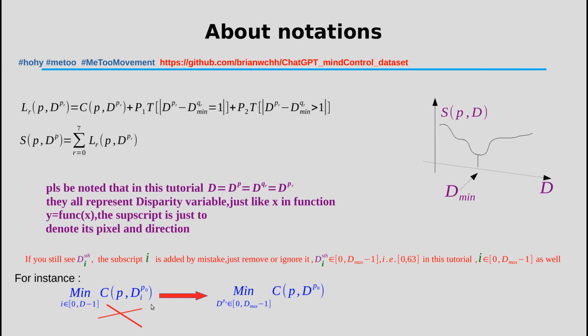You have to remove this i and put dp down here. Actually, you can say dp0 is equal to i. I don't know why I made such a silly mistake here. So dp0, that is d sub p0, is from 0 to 63.